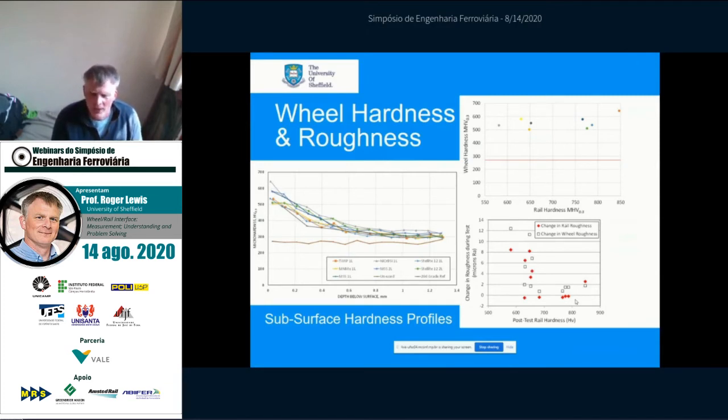So they were wearing in a very different way to the kind of ratcheting mechanism you might see in the softer materials. The change in wheel roughness reflected the change in the rail roughness, so whatever the rail changed to, the wheel kind of followed, and being softer, that was understandable.